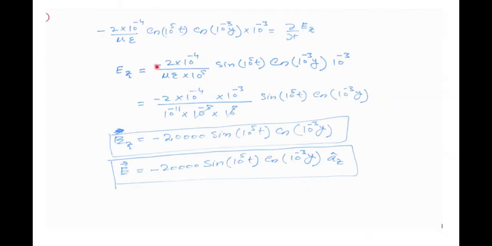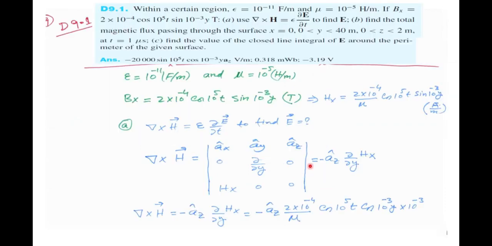That results in the z component of the electric field, E_z equal to minus, and using the given values of mu and epsilon, we come across this relation. Similarly, in part B we are asked to find the total magnetic flux passing through the surface x equal to 0, with y varying from 0 to 40 meter and z varying from 0 to 2 meter, at t equal to 1 microsecond.